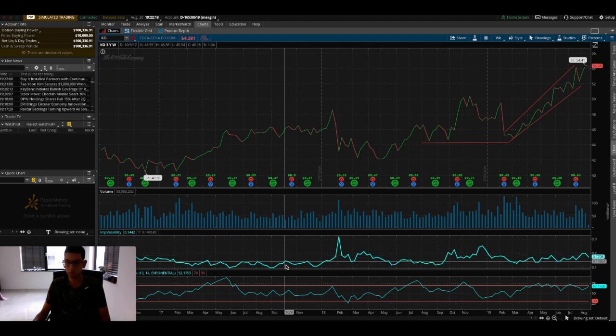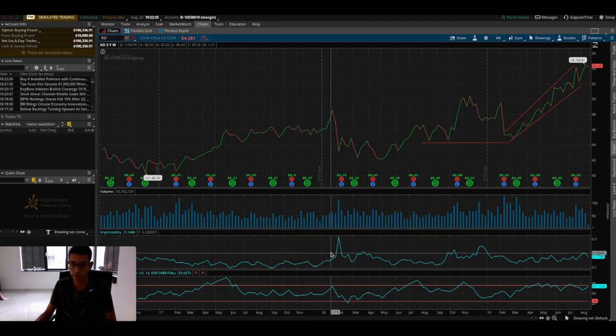So this is what I mean by implied volatility. This is a 2-year chart for Coca-Cola, and you can see that the implied volatility here was very, very high, and it has come a bit lower.